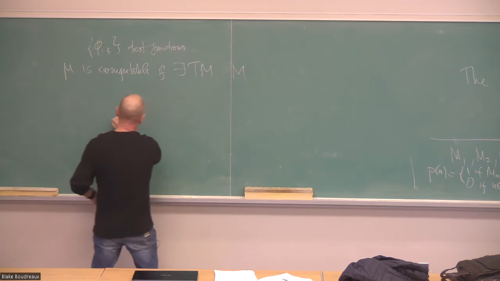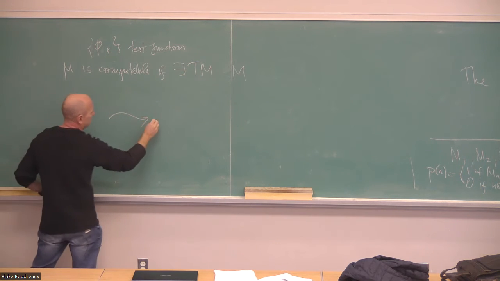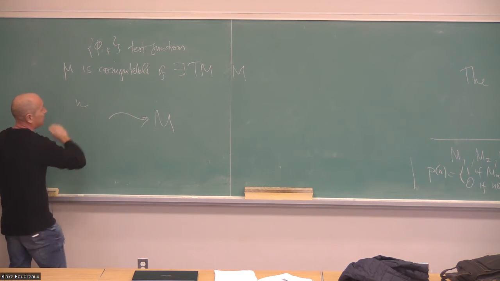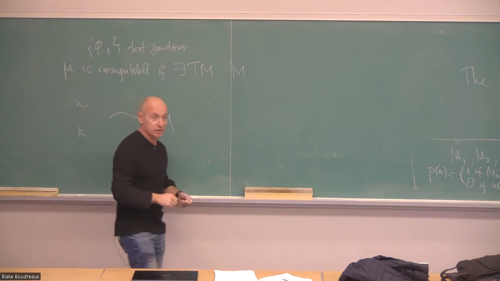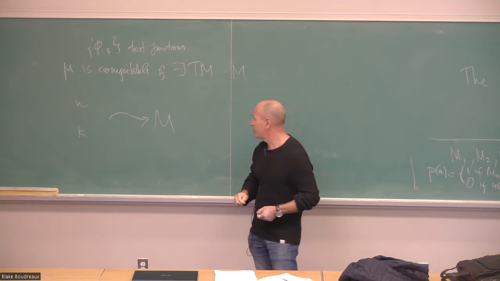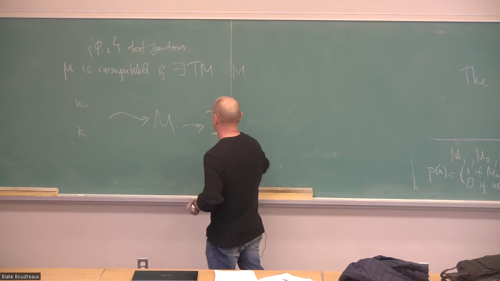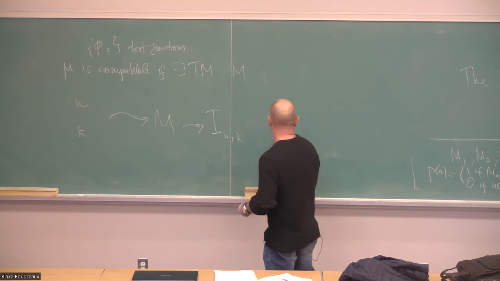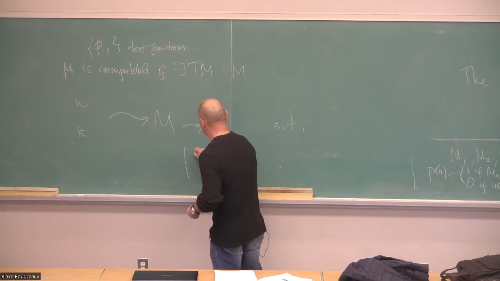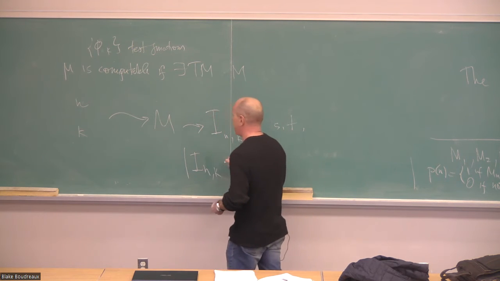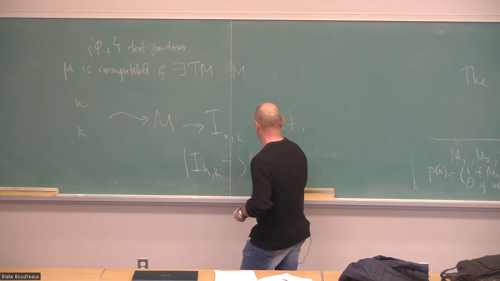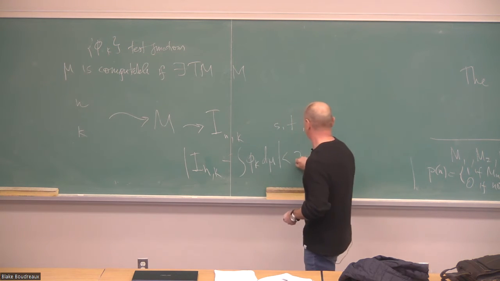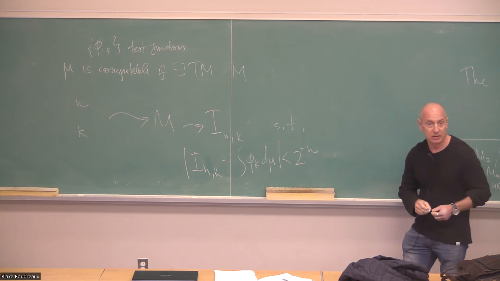Turing machine M now takes two inputs. M takes n, which is the precision of computation, and k, which tells you which integral needs to be computed, and it outputs I_{n,k} such that the distance between I_{n,k} and the integral of phi_k d mu is less than 2 to the minus n. There. That's a definition. Okay.